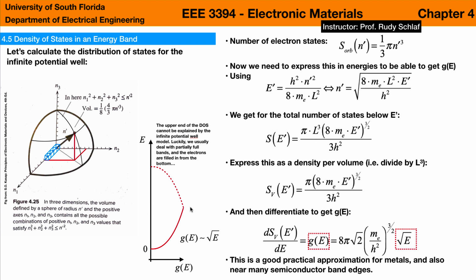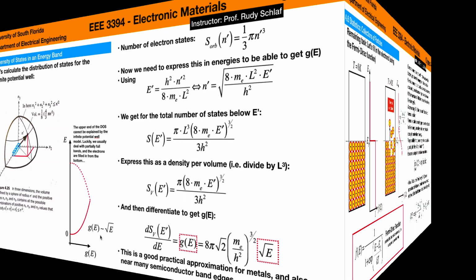Now this model doesn't seem to hold for the upper half of the band, where our intuitive approach suggested that the density of states should go back to 0 again. But this is not so important, because most of the action in a semiconductor is at the bottom of the conduction band, and that's why for the rest of the course we can live with this approximation.